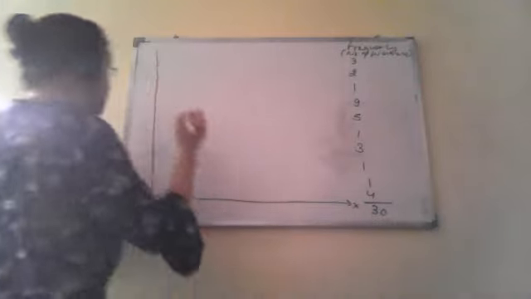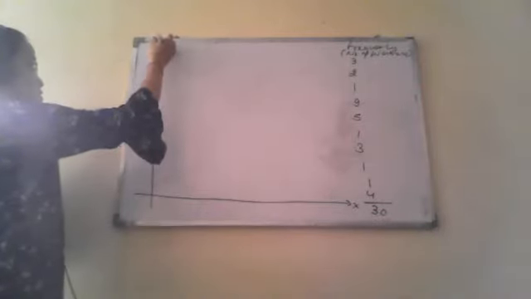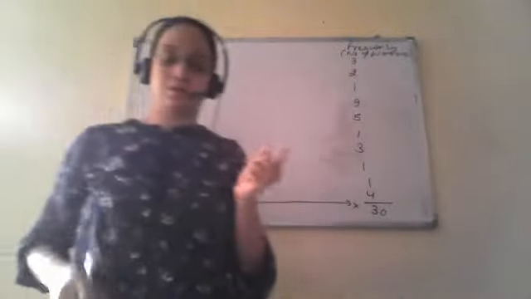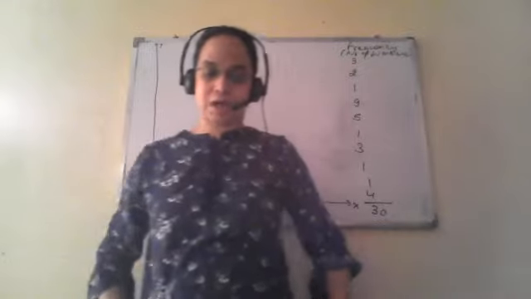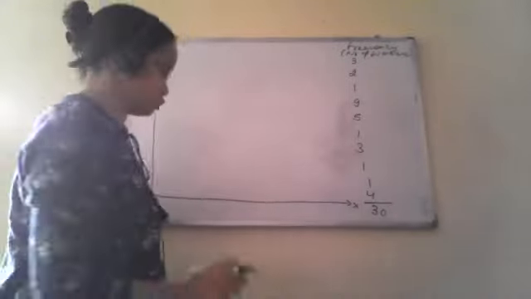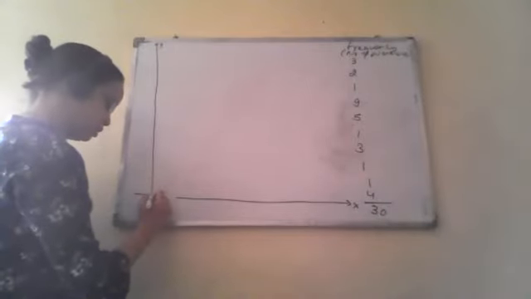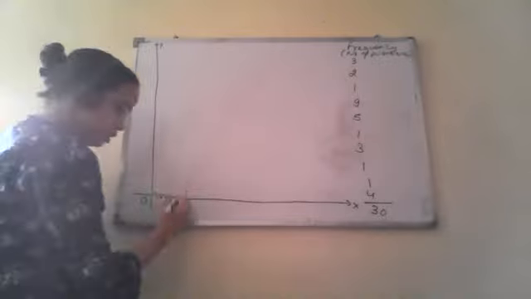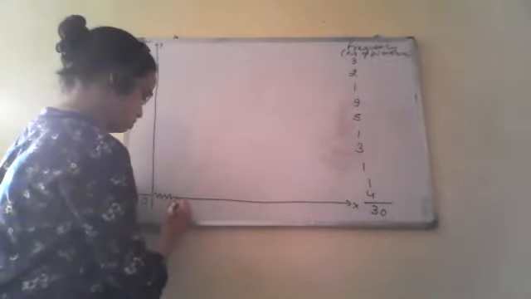This is x-axis. This is your y-axis. This is 0. So our interval is starting from 800, so it's not starting from 0. So what we do? We will draw a jagged line. From here we will start our interval.